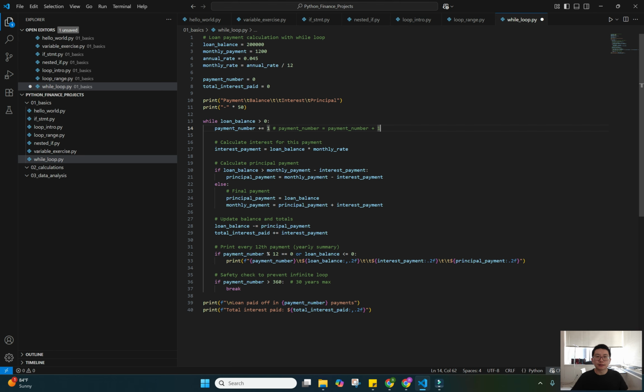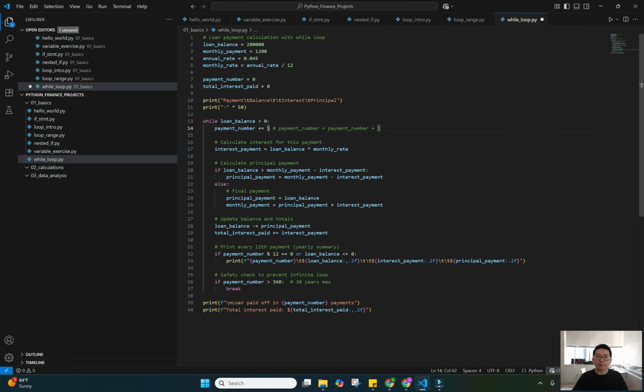We're in the while loop, and the first payment number is 0, right? So 0 plus 1 is my new payment number's value. We're using the preceding payment number's value to give the new value to the payment number. So this is called a recursive formula. This plus equals 1 is essentially saying payment number equals payment number plus 1.